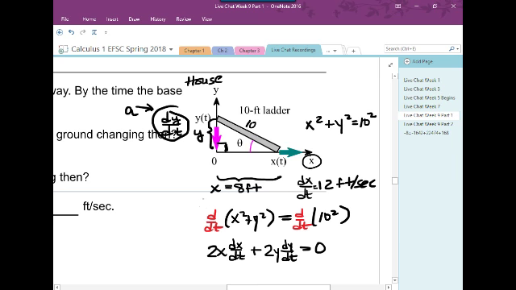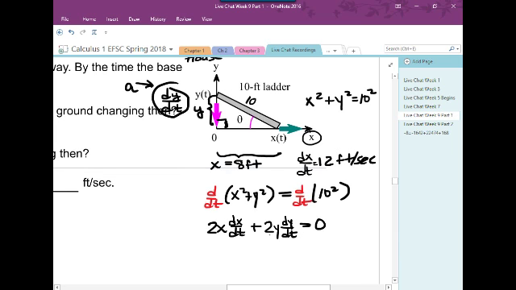So we need to know all the other variables in the equation. We know x is 8 at that moment. We know dx dt is 12 at that moment. We're looking for dy dt, but we also need y. So once again, we can use this x squared plus y squared equals 10 squared to get the y that we're looking for. So let's do that.